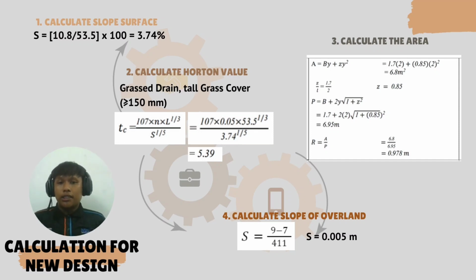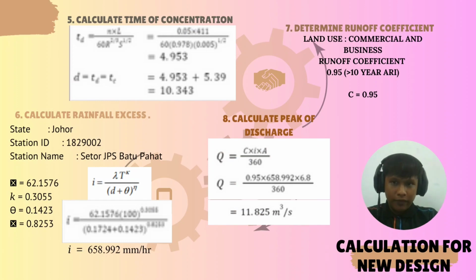Number 3, calculate the area: area we got 6.8 meter square, and for Z we got 0.85, and P we got 6.95, and for R we got 0.978 meters. Number 4 is calculate slope of overland, which we got 0.005 meter.